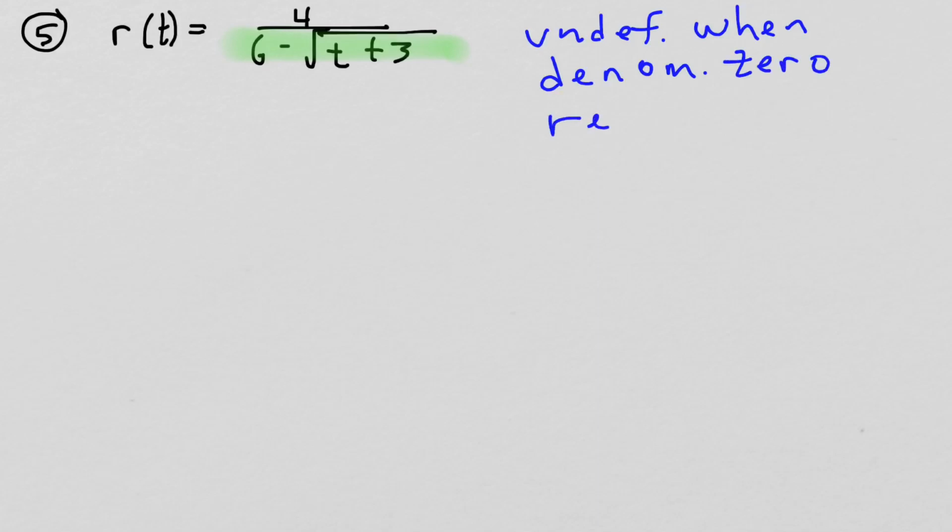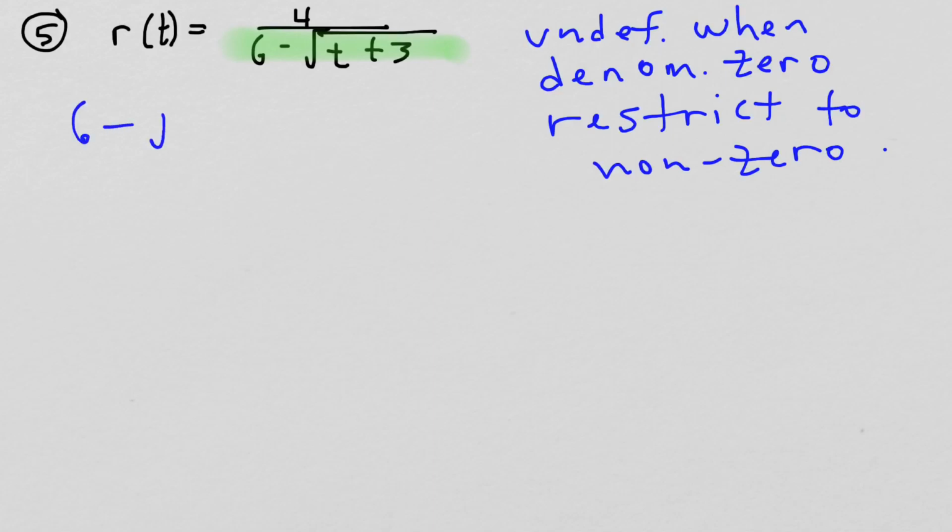Okay, so we've got to restrict to non-zero. So that means 6 minus the square root of t plus 3. What causes it to be 0? We want to figure it out.